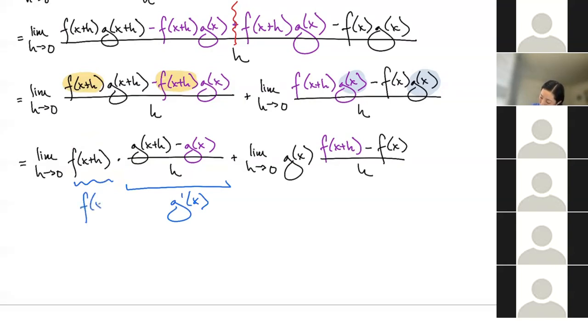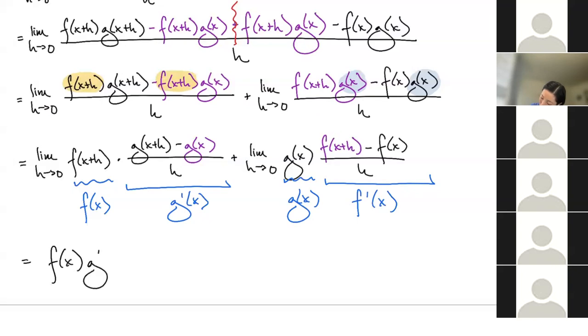So this is f of x. Okay. This term in the second one, g of x, stays as g of x. How can I rewrite this second term? Good, f prime of x. So look at what we have. F of x, g prime of x, plus g of x, f prime of x.